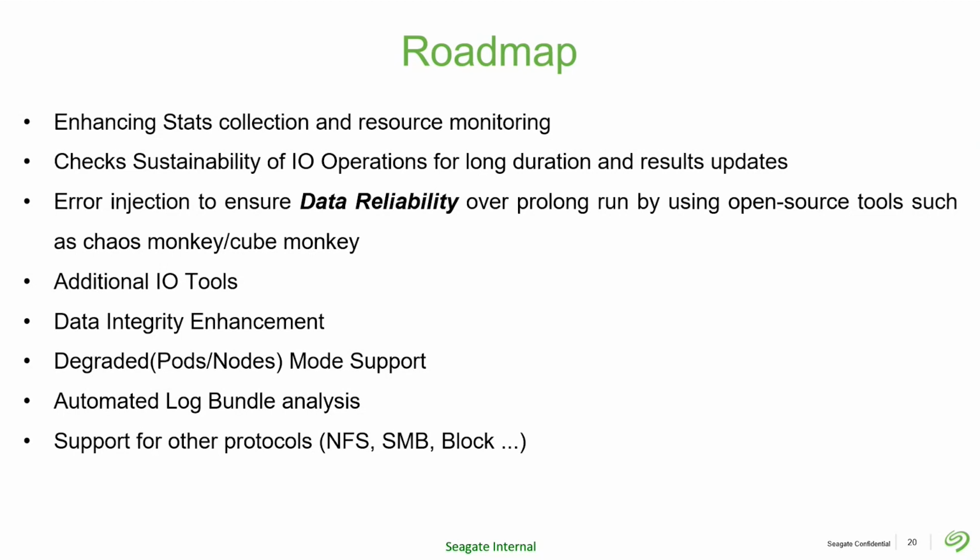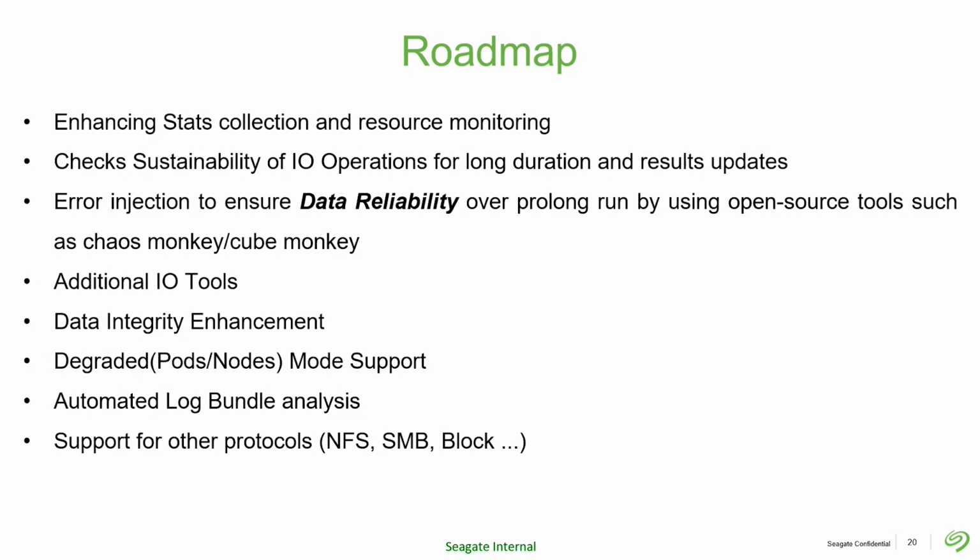We are also adding Chaos Monkey and Cube Monkey to test the error injection feature for data reliability over prolonged runs. Also, we are open to additional IO tools. S3 bench I mentioned, there are other IO tools. So a wrapper can be written over those IO tools and their specific features can be exercised with CORIO. Data integrity feature we want to enhance for end-to-end integrity from client to server side as well.